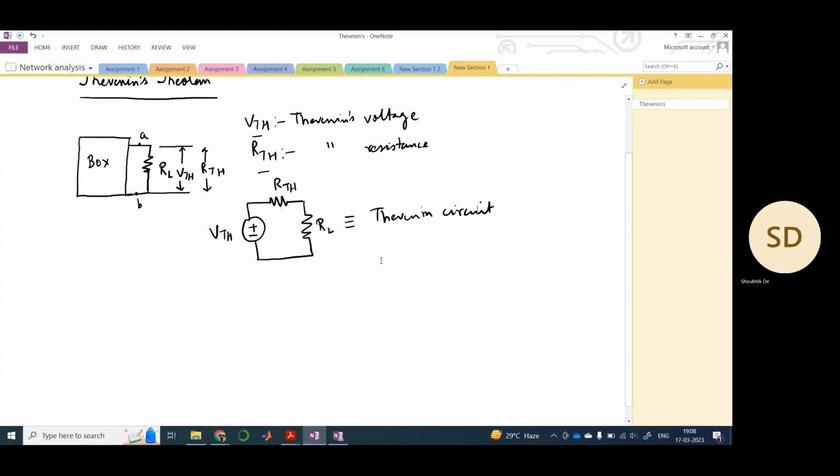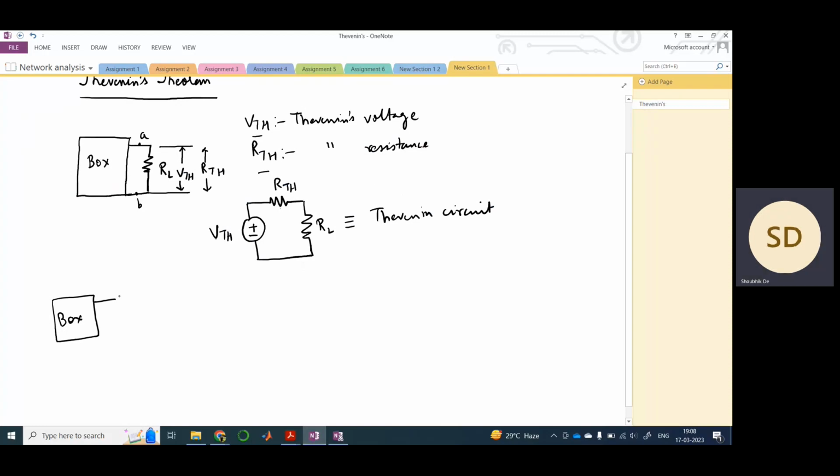Now, how to calculate VTH? In order to calculate VTH, we have this black box where we have all the important circuits.